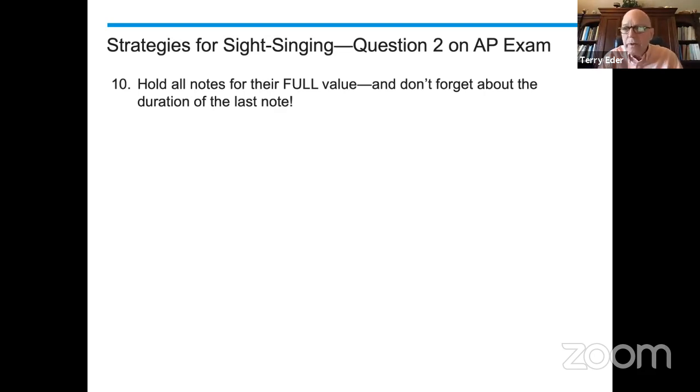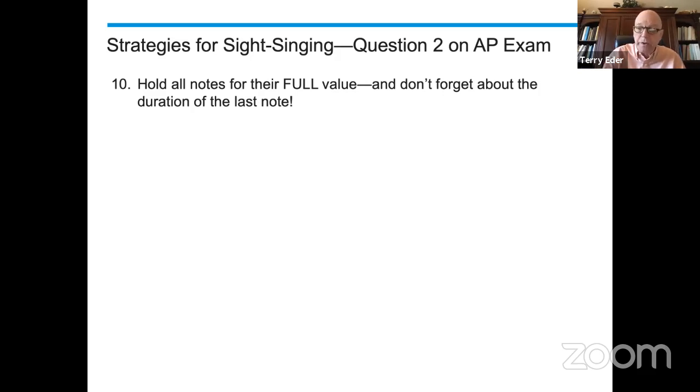The last note, for instance, if we're in simple meter and it's in 4/4 time, probably the last note is going to be a half note. If we're in compound duple meter and it's 6/8, the last note's going to be a dotted quarter note. So you have to hold those notes out, because that last note is worth a point.